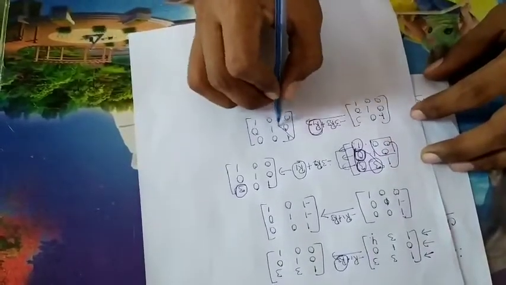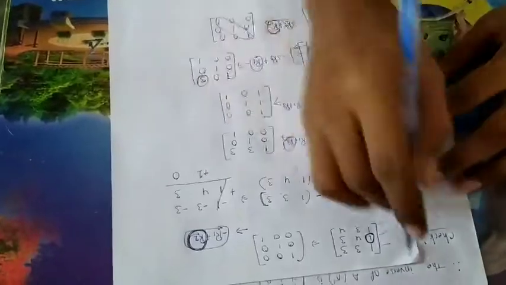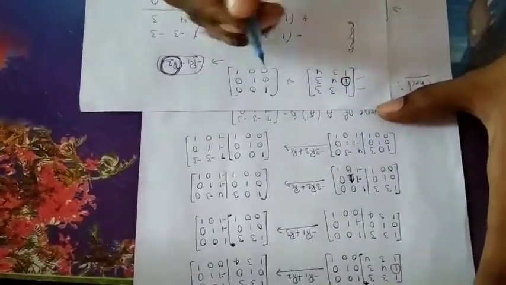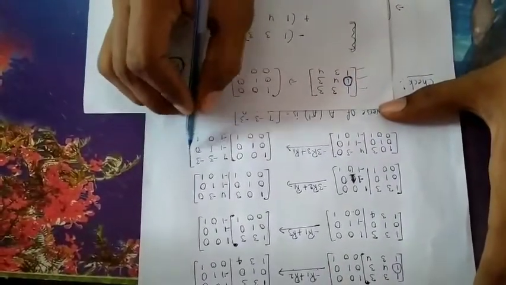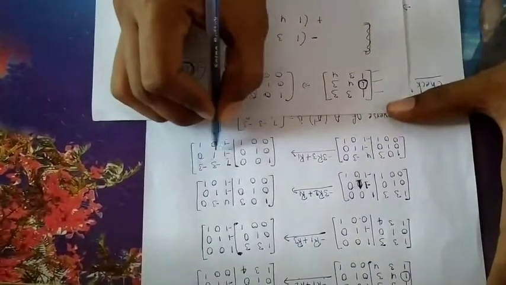I got the identity matrix on the left side. As I do the same operations sequentially on the right side, the inverse matrix becomes 7 minus 3 minus 3, minus 1 1 0, minus 1 0 1.